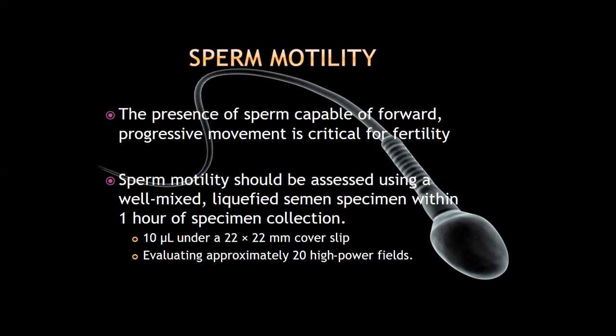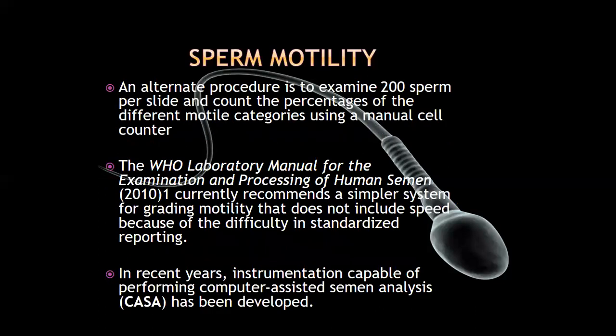This is done using a 10 microliter sample examined under a cover slip in 20 high power fields. An alternate procedure is to examine 200 sperm per slide and count the percentages of the different motile categories using a manual cell counter.